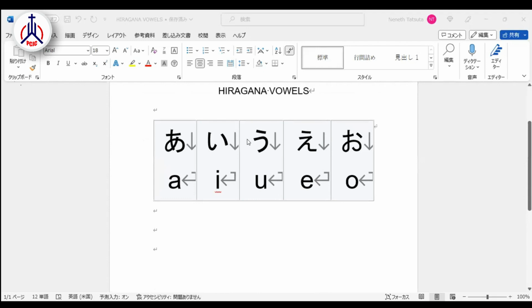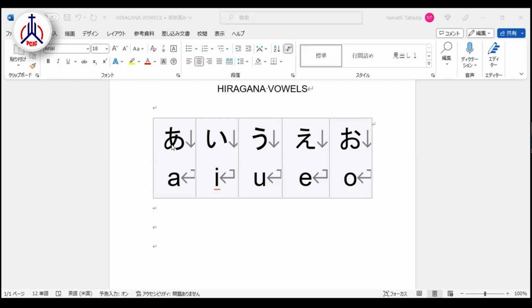A, I, U, E, O. Okay, these are the hiragana vowels.